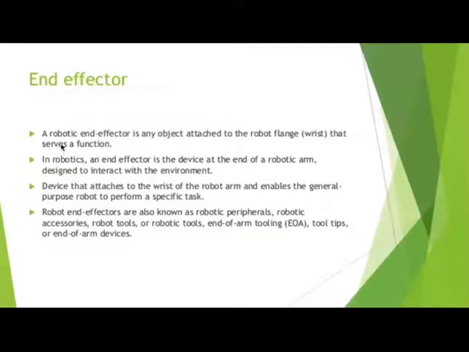A robotic end effector is any object attached to the robot flange, that wrist I told you about, that serves the functions. In robotics, an end effector is the device at the end of the robotic arm designed to interact with the environment, a device that attaches to the wrist of the robot arm and enables the general purpose robot to perform a specific task.